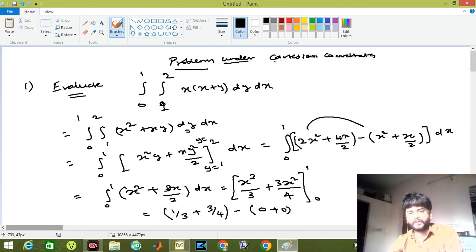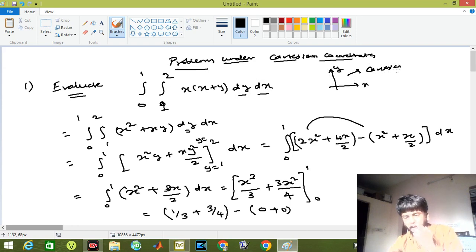Because whenever you have the limits as x and y, that is called Cartesian coordinates. If I told this before, you may not understand what it is, so after solving a problem you can understand. Cartesian coordinates means very simple, x and y.